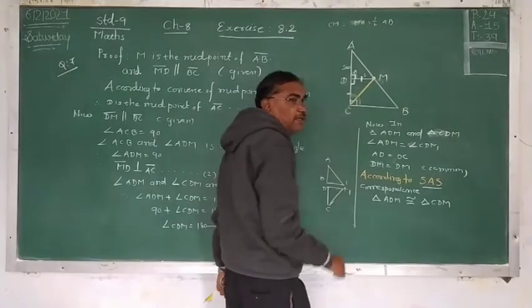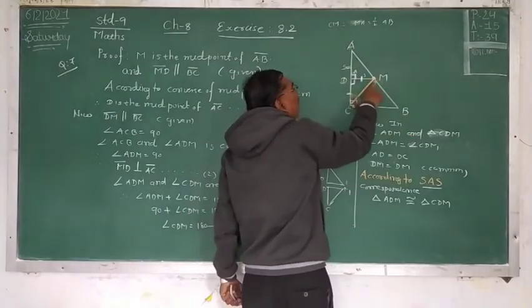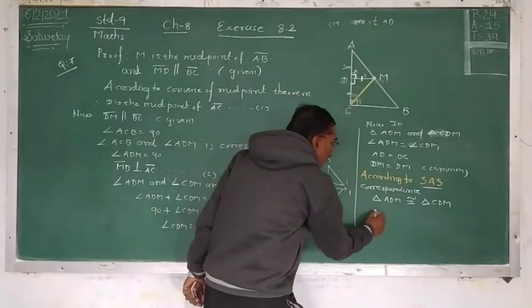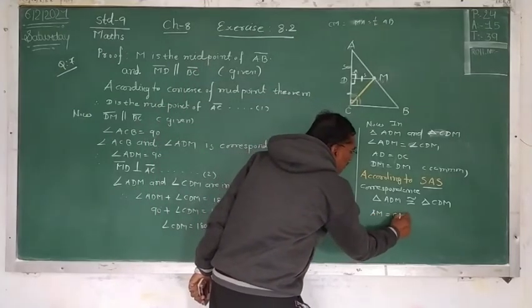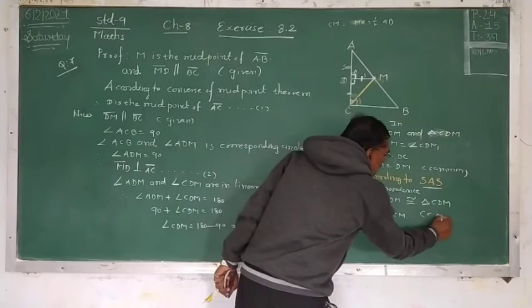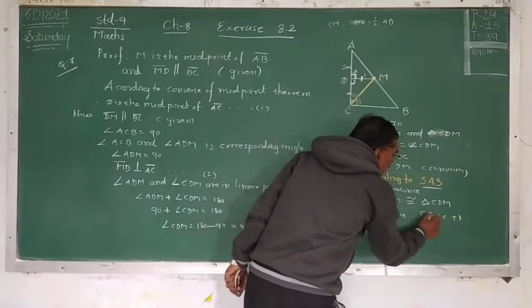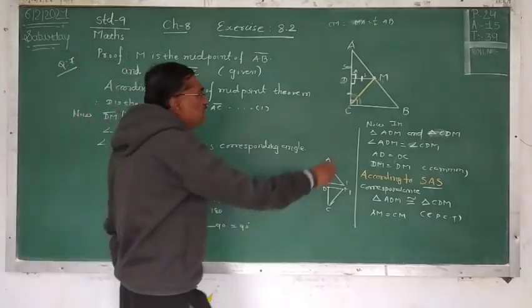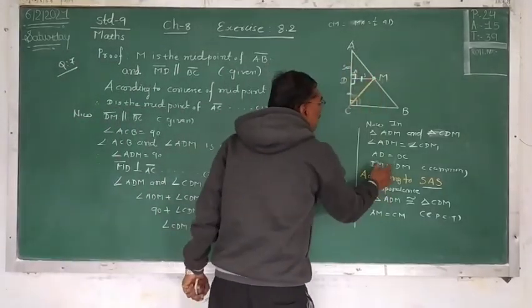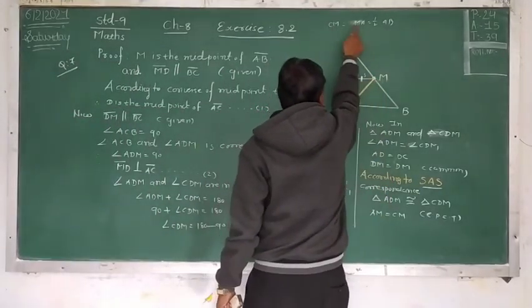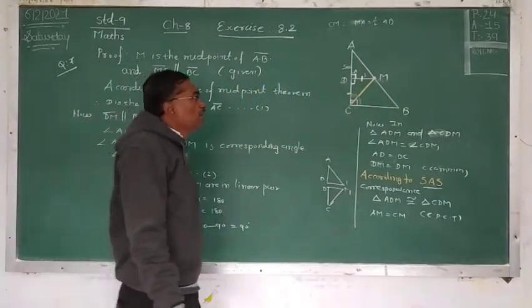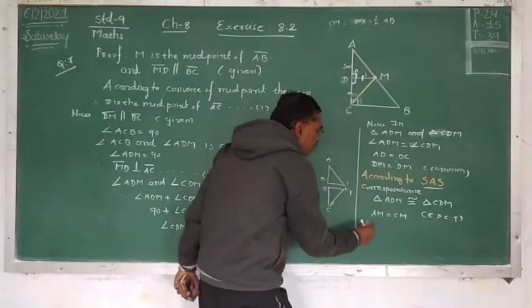So with two sides equal, we will get AM equal to CM, by CPCT, corresponding parts of congruent triangles. AM equal to CM. This is result number 3, AM equal to CM. Okay. But what is AM?